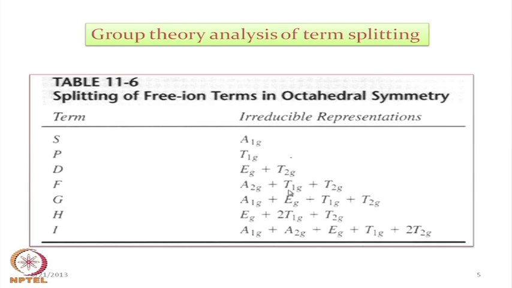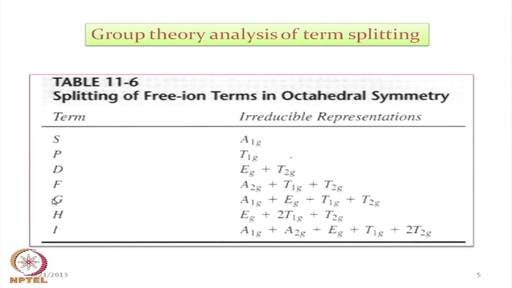So, we will have 2 T1g terms. These will be precisely labeled: this T1g term is originating from the F term and this T1g term is originating from the P term. Within brackets we will write T1g(P), and this will be written simply as T1g because it is originating from the F, and the F term on the left hand side will also be shown.